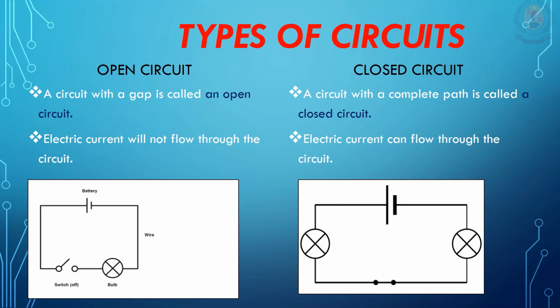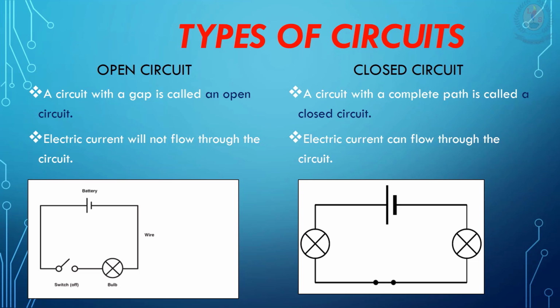What is a closed circuit? Yes, a closed circuit is a circuit with a complete path. A circuit with a complete path is called a closed circuit.